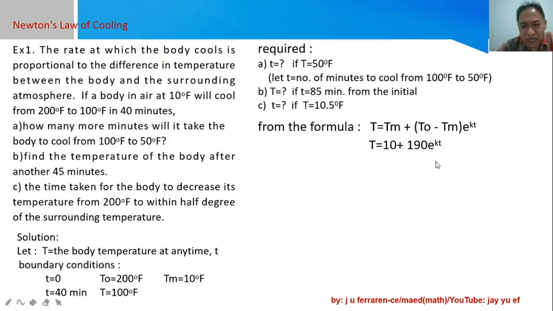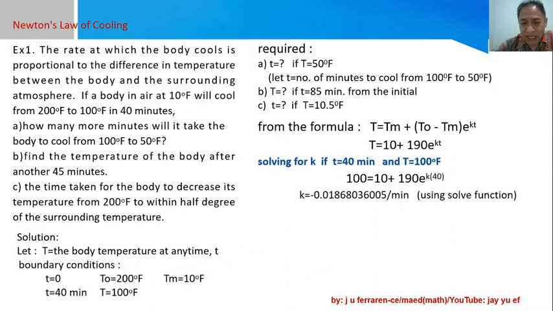Now, this formula can be completed if we also know the value of K, the constant of proportionality. Usually, there is a condition where there is a known time and a known body temperature, so you can use that in solving for the value of your K. When your t is equal to 40 minutes, you substitute to the formula here.